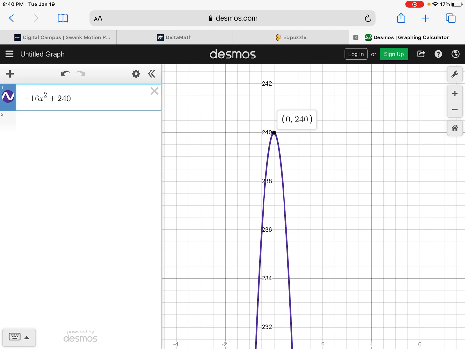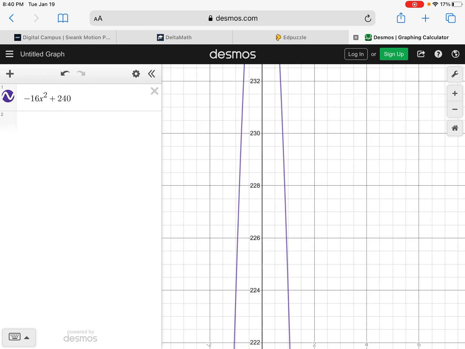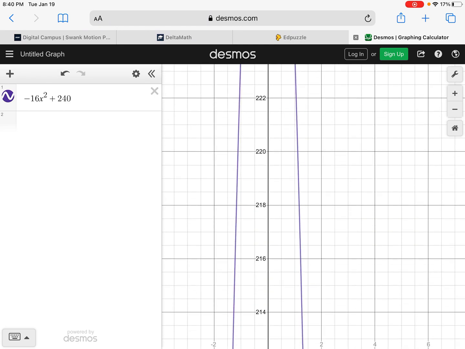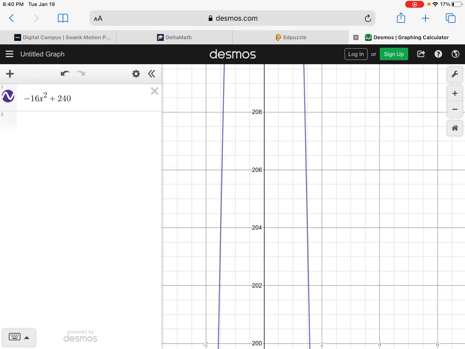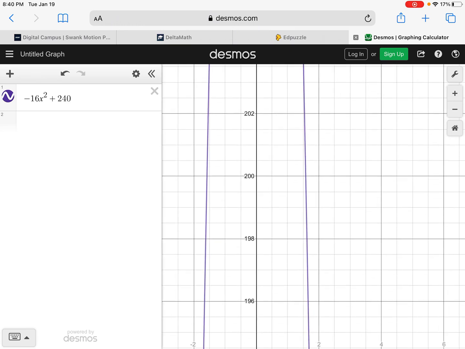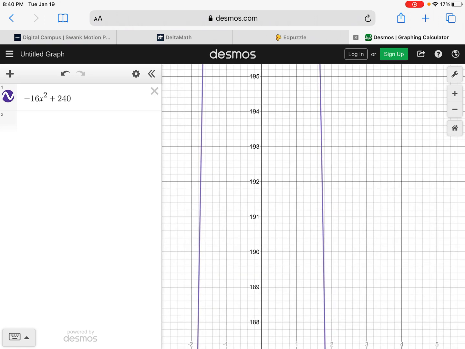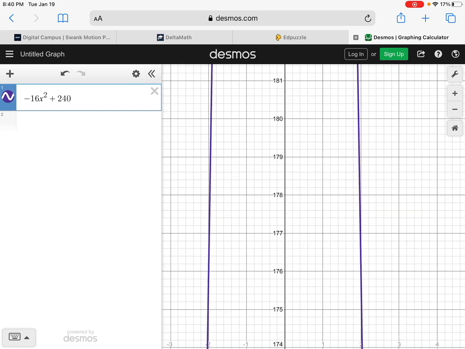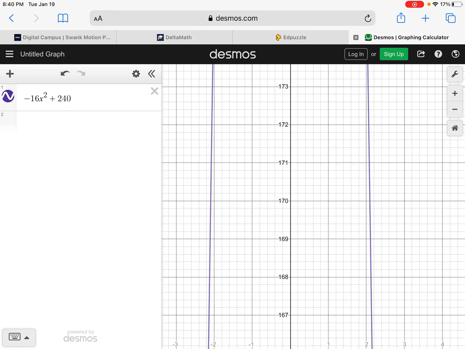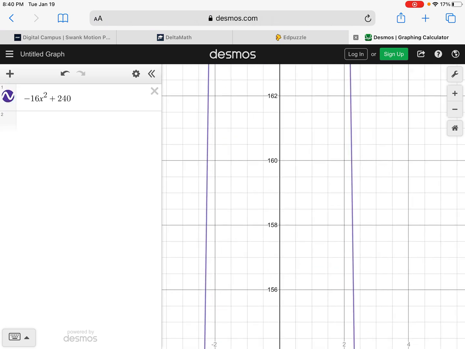Right there at 0, 240. And so the object is falling. How long before the object gets to the ground? Now watch what I'm doing. Why am I going like this? Because I want to figure out at what time the height, which was starting up at 240, gets all the way down to 0. Okay?